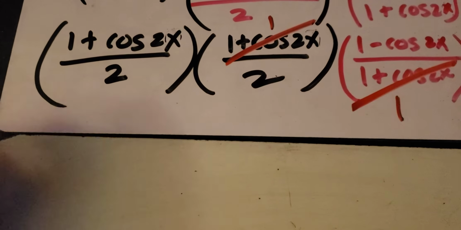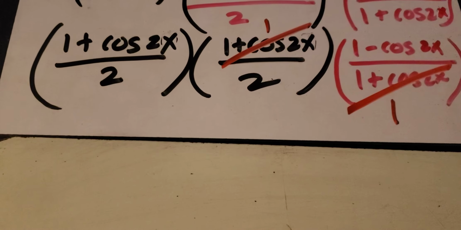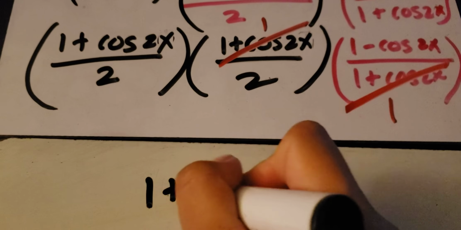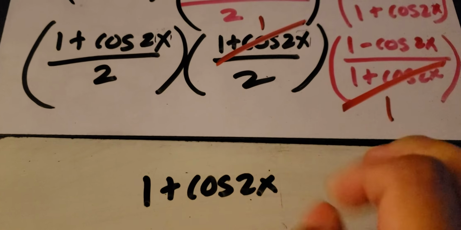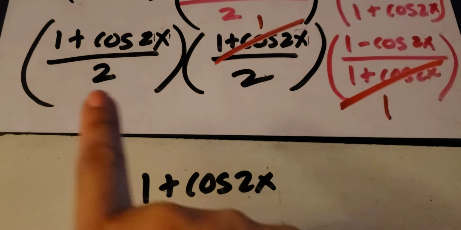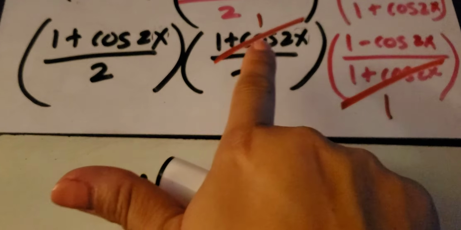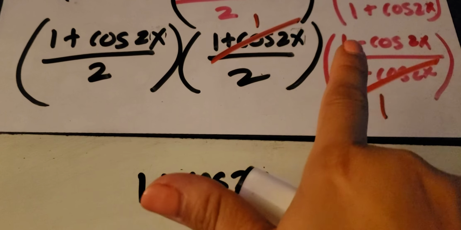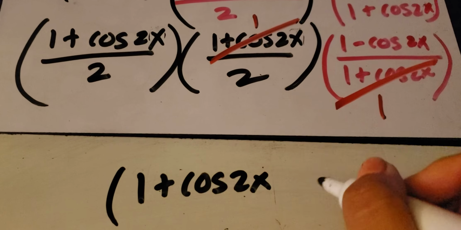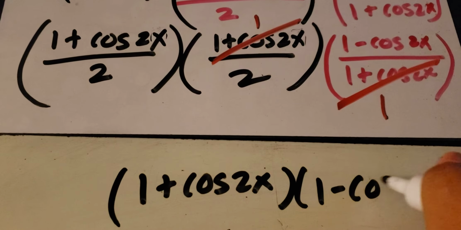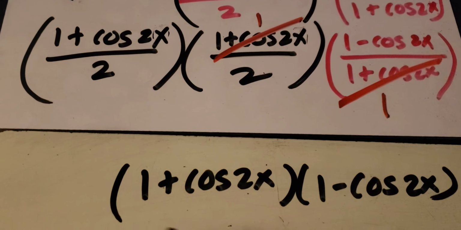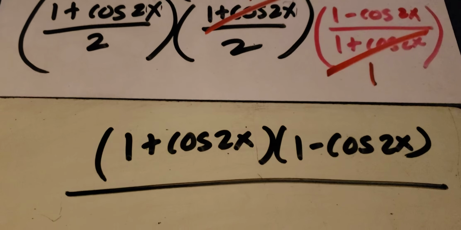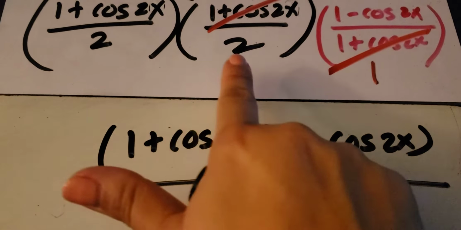What I'm left with in my numerator is 1 plus cosine of 2x times 1, which will just give me that, times 1 minus cosine of 2x. My denominator is 2 times 2 times 1, which is just 4. So now I have that.